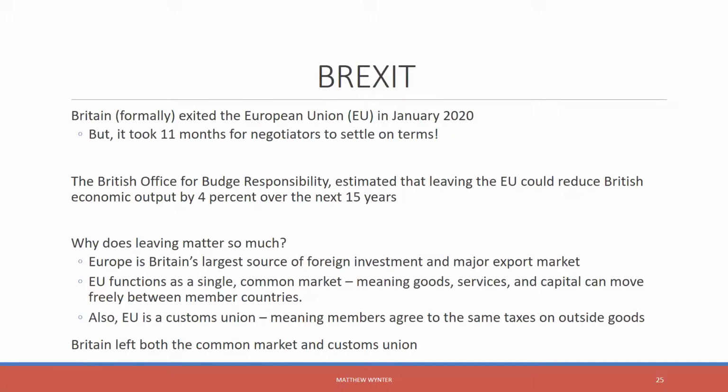So if you put those together, largest source of foreign investment, major export market, functions as a common market, meaning that goods and services and capital can all move freely, and serves as a customs union. So what you export and what you sell doesn't face individual tariffs. That's a lot to work through and a lot to negotiate. The reason that becomes a lot is now you have to have individual agreements with each individual country as opposed to one agreement with the whole bloc.